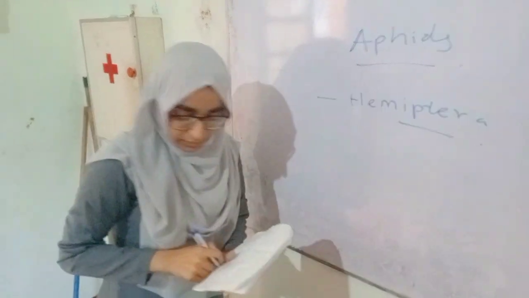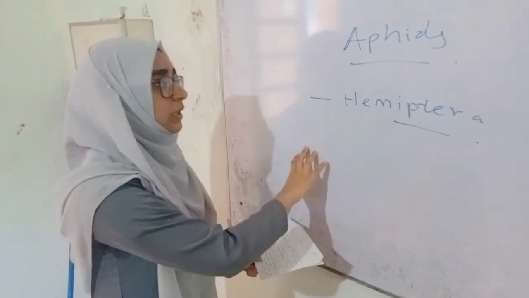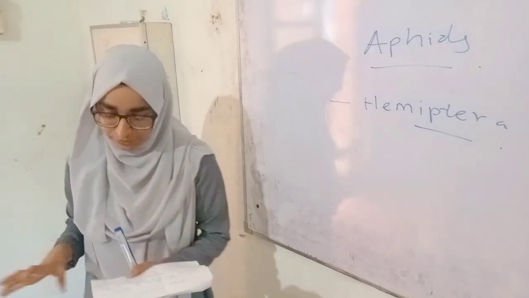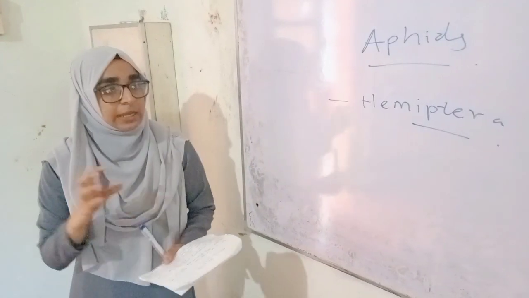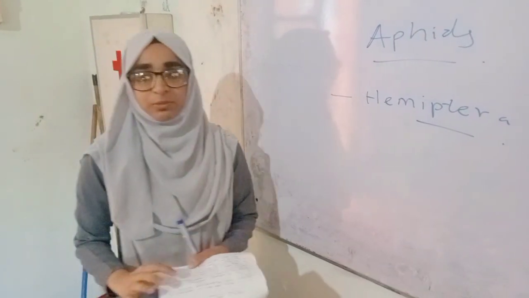They are commonly known as plant lice and are among the most common pests in the agriculture field. These pests are highly prolific and can rapidly multiply under favorable conditions.